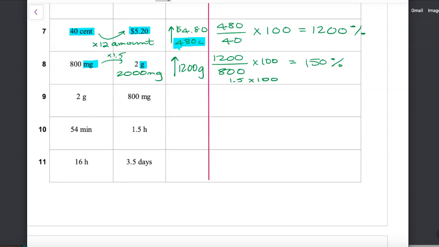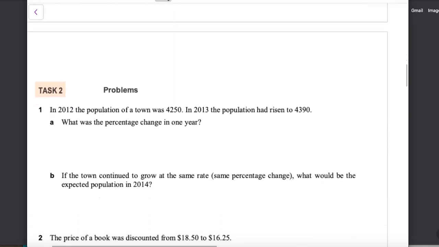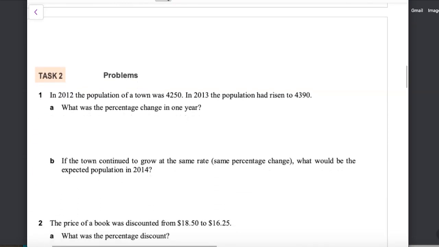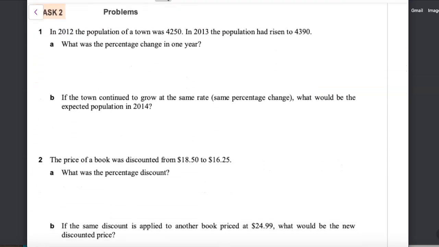Let's take a look at this in terms of a context. So in 2012, the population of a town was 4,250 people. In 2013, the next year, the population had risen to 4,390. What was the percentage change in that 1 year? Well, we can definitely say that we have had an increase.